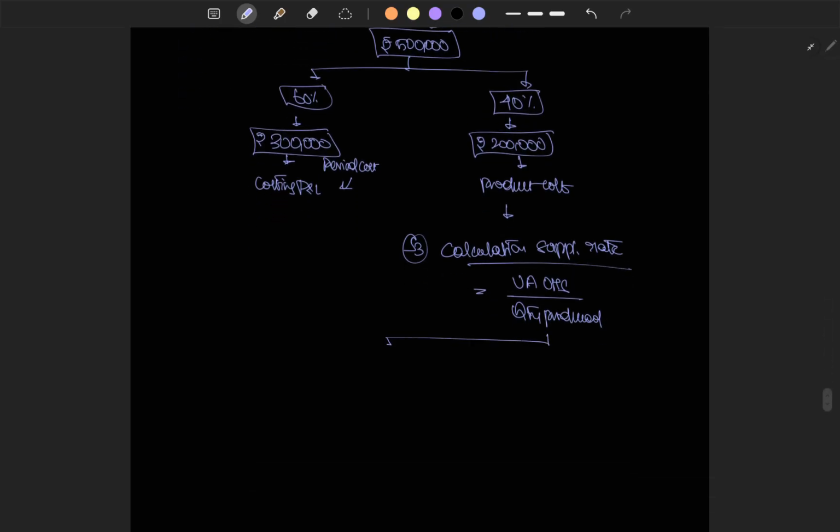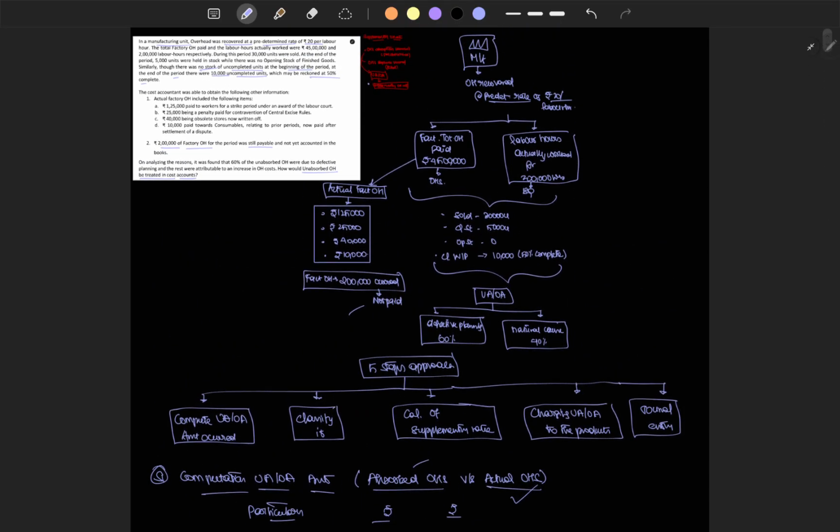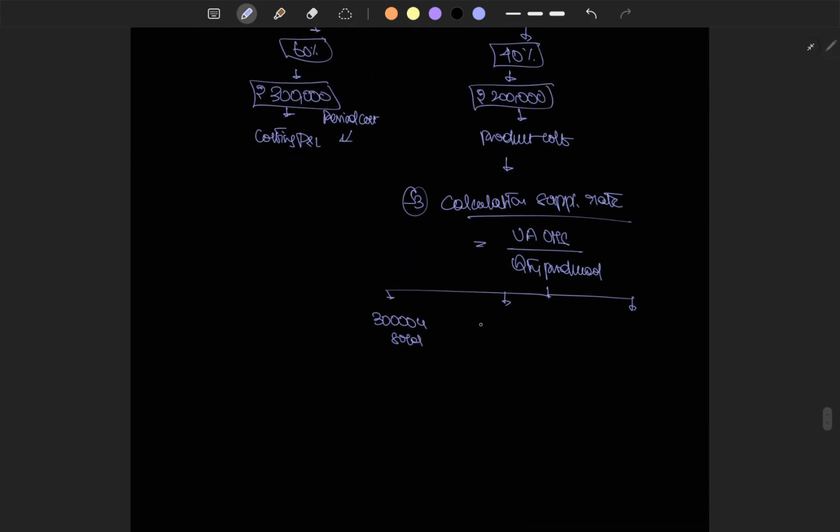What is the quantity produced? 30,000 units sold, and 5,000 units of closing stock, and 10,000 units of WIP into 50%, which is treated as 5,000 units.